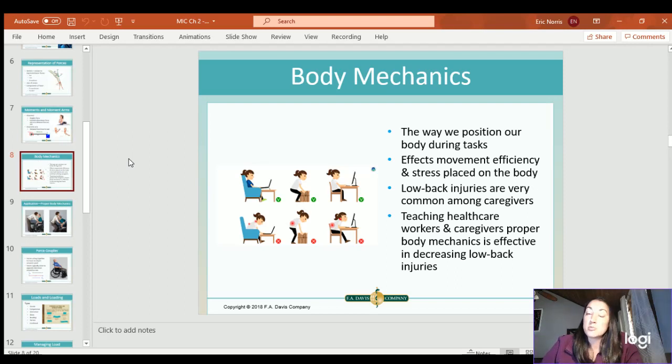Low back injuries are really common among PTs, nurses, a lot of people in the healthcare field, and so it's very important that you especially protect your low back, but you want to protect your shoulders and everything else as well. And so teaching healthcare workers the proper form with moving patients and doing all their daily tasks is key to avoiding those low back injuries.